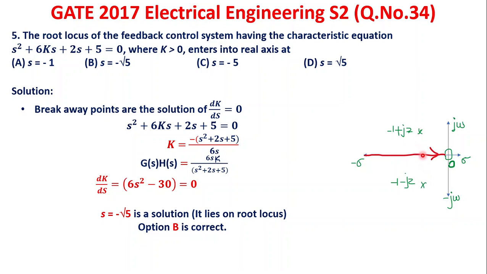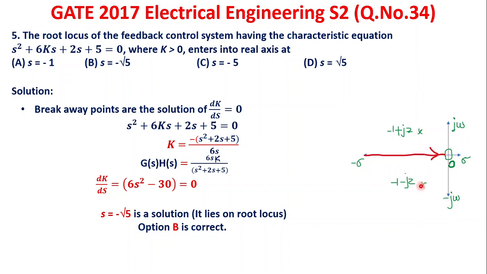One has to terminate on the zero, another has to terminate on infinity, because there are two poles and one zero. So as far as the asymptotes are concerned, there will be only one asymptote, because of the two root loci, one terminates on the open loop zero, another only terminates on infinity. Therefore, it will terminate at infinity.